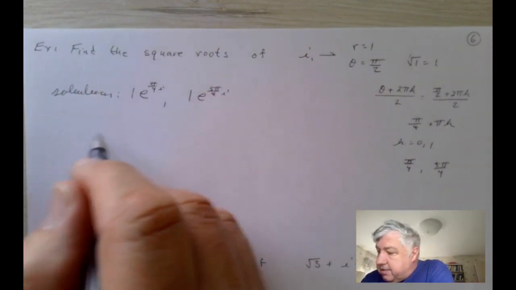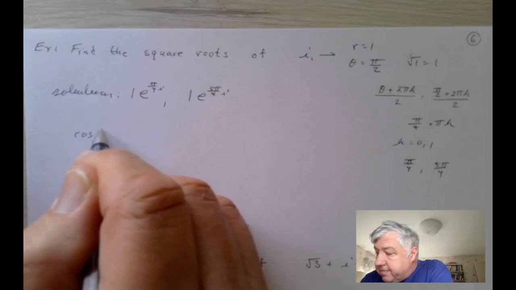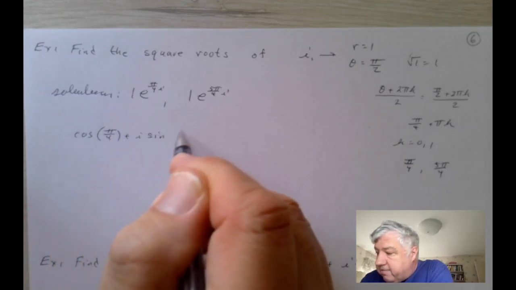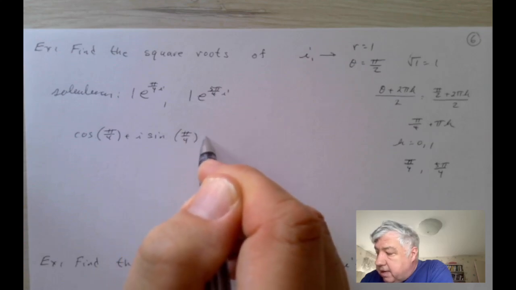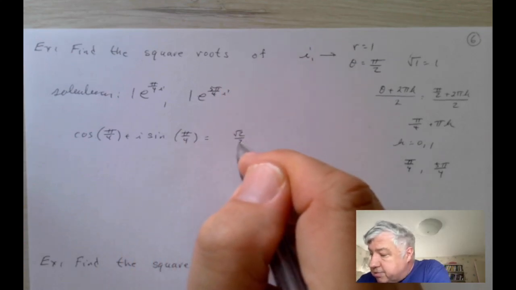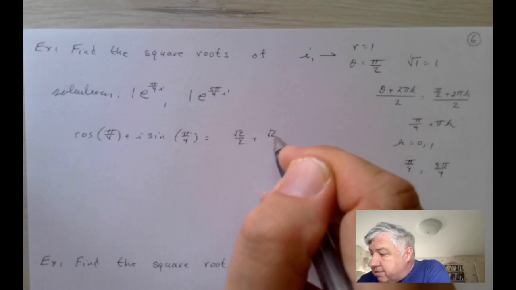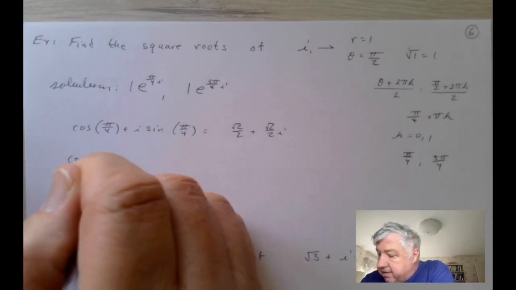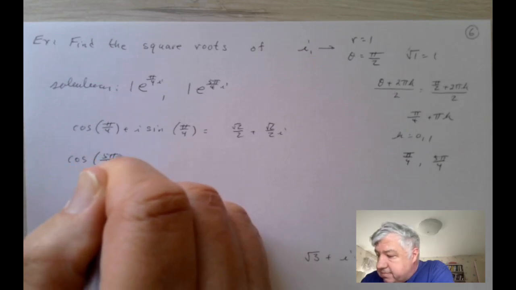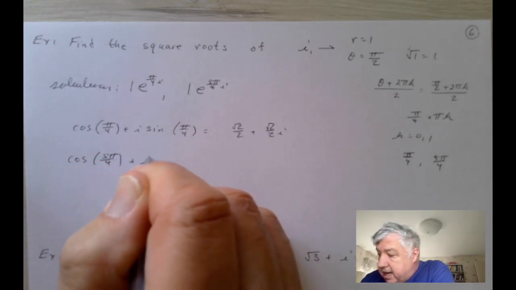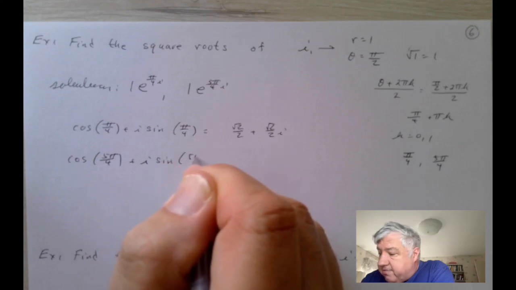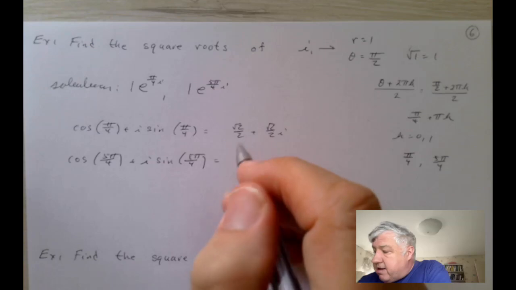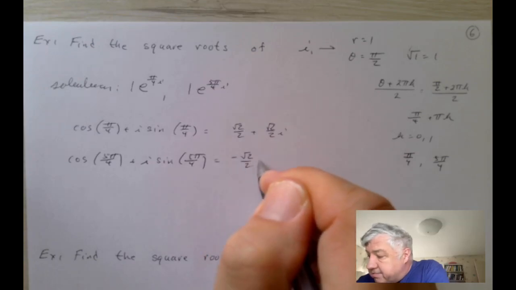And the first one is just cosine of pi over 4 plus i sine of pi over 4, which is just square root of 2 over 2 plus square root of 2 over 2 times i. And the second is cosine of 5 pi over 4 plus i times the sine of 5 pi over 4. Well, cosine and sine are both negative square root 2 over 2.